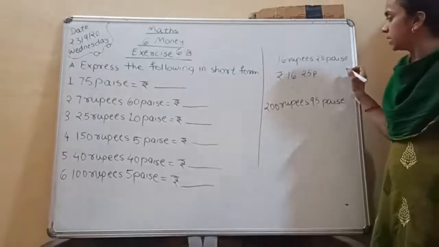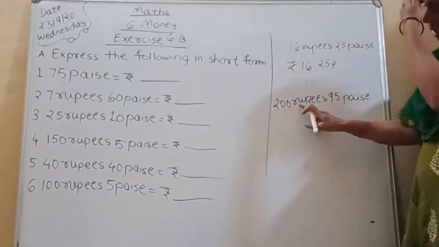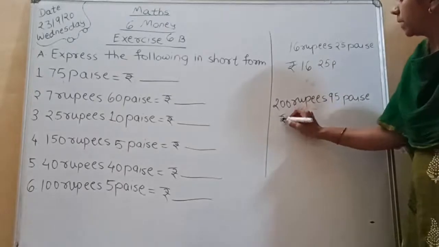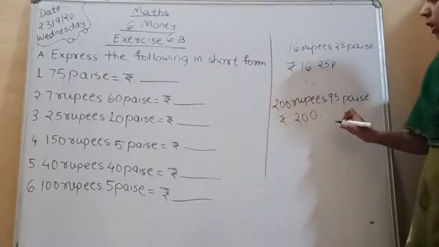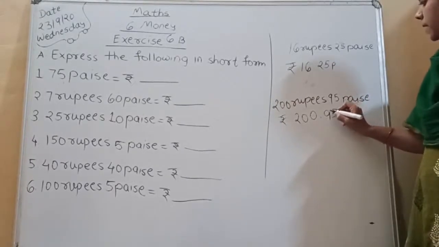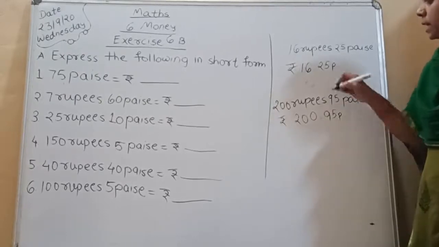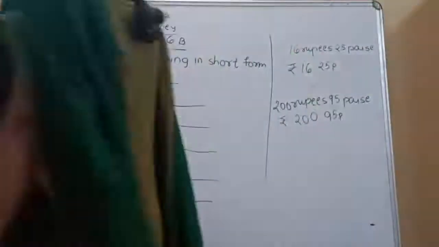Then what about 200 rupees 95 paise? We write rupees 200, then give a small dot, then write 95 paise. So this dot is very important. By using this method, we have to solve all these examples.